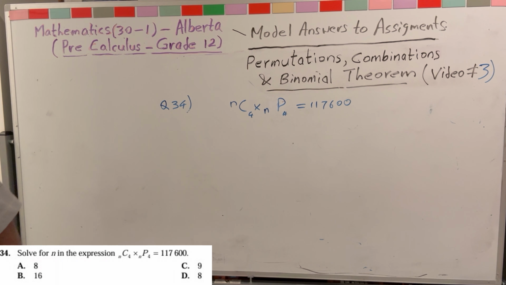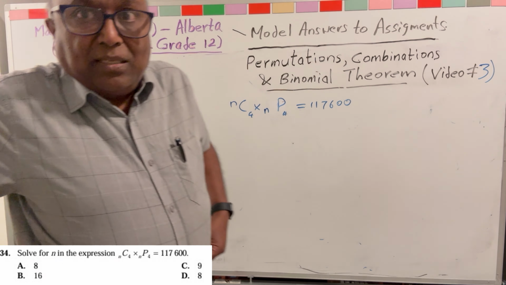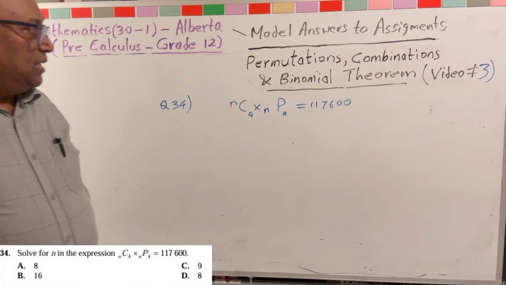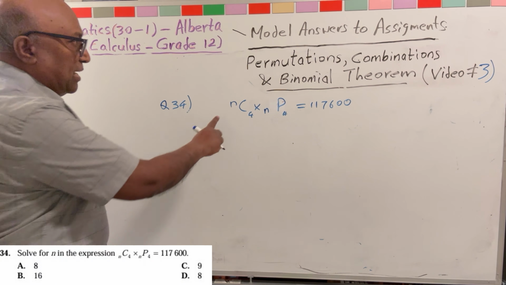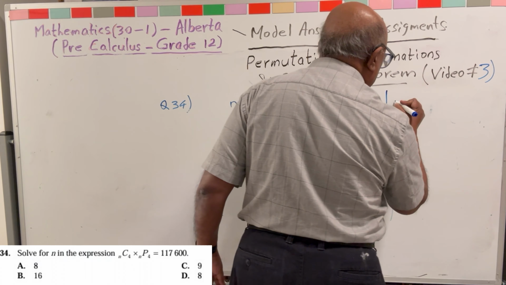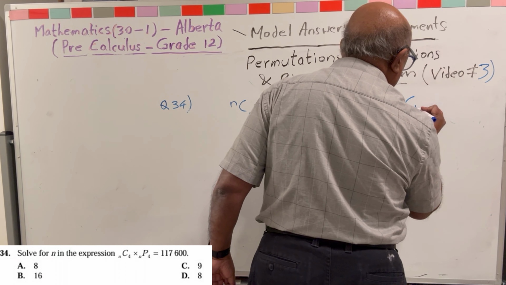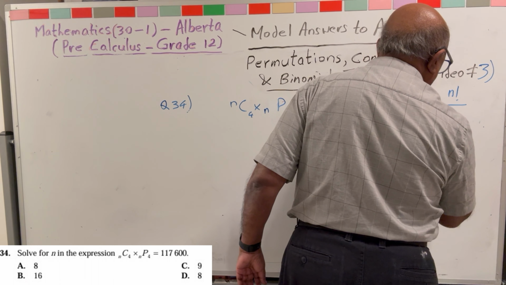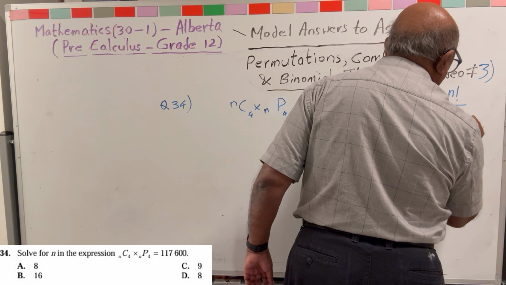Okay, let's solve for n. Actually, this is some kind of algebra question. Let's use the formulas. Here we have to use both of them. nCr equals factorial n upon factorial r factorial n minus r.